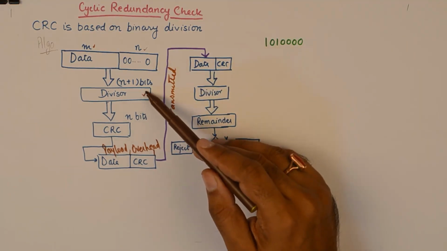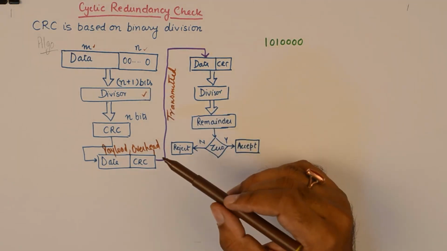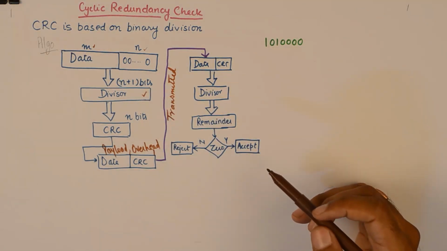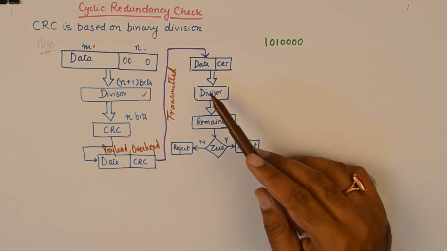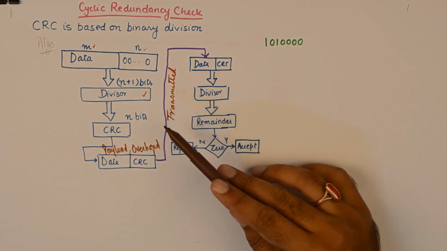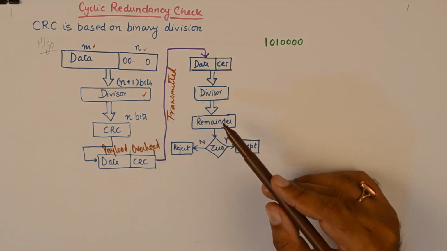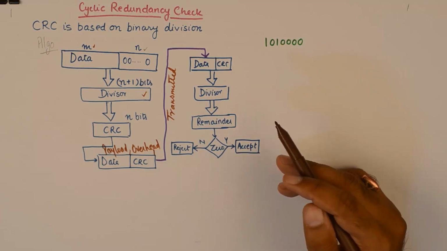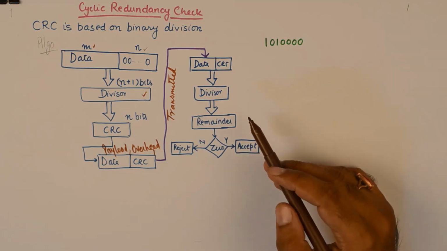And this divisor that we take up at the transmitter, the information of that divisor is given to the receiver prior to starting up the transmission.